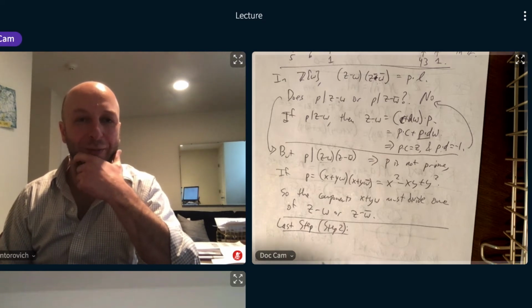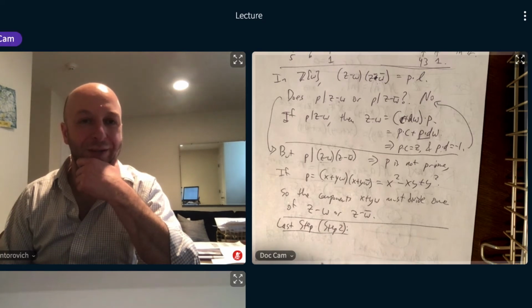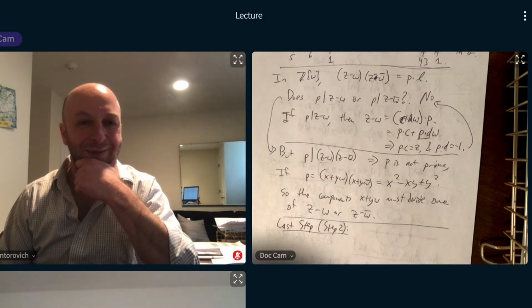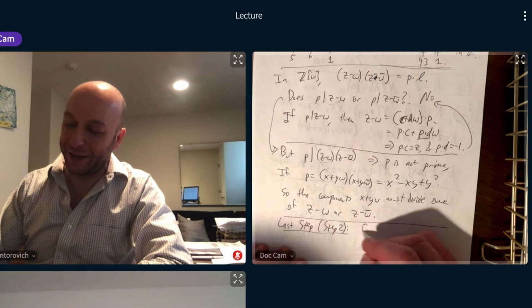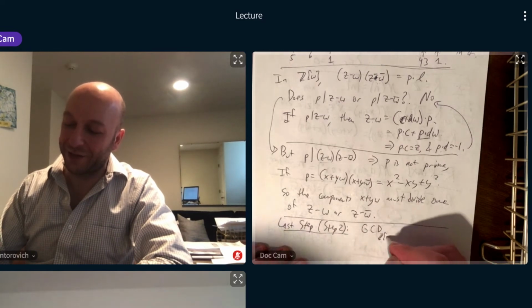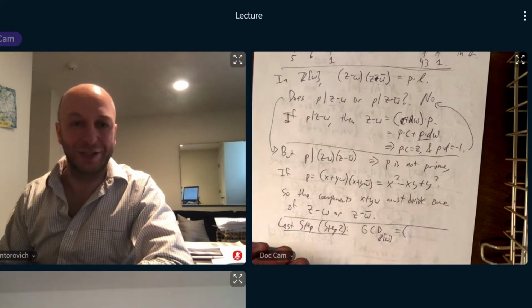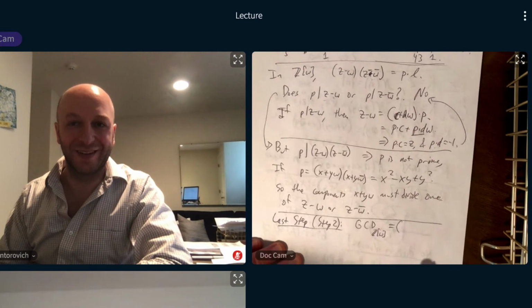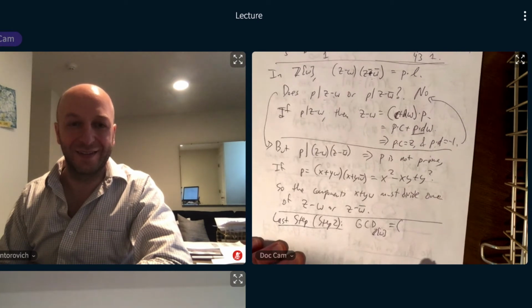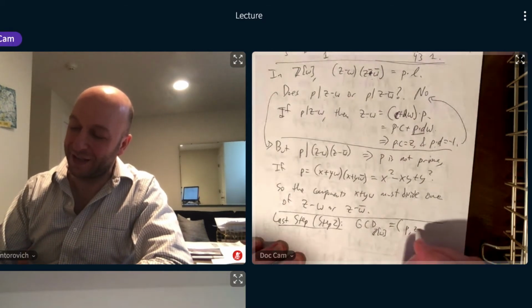Yes, we find the GCD. Last step is to take the GCD in the Eisenstein integers, the Eisenstein integer GCD algorithm, of what two numbers? Yes, perfect. P and Z minus omega.